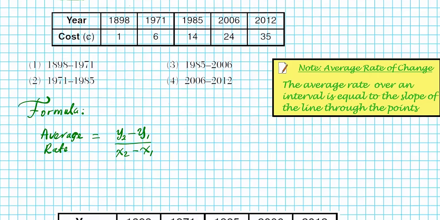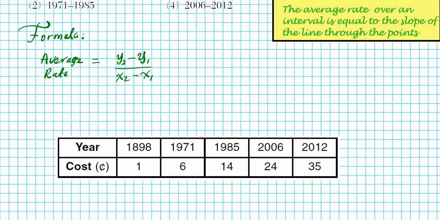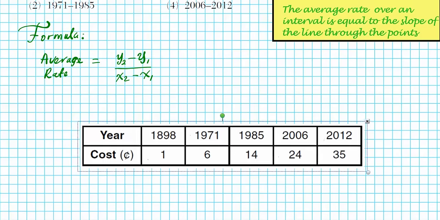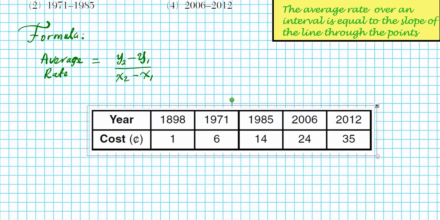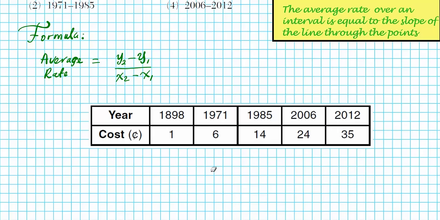Now, in the context of this problem, what is x and what is y? We want to keep our variables short and sweet. We don't need too many variables all over the place or else we'll get confused. Okay? So the independent variable is the x and the dependent is the y. So x is the independent, the year, time is independent, and the cost is dependent on the independent variable.